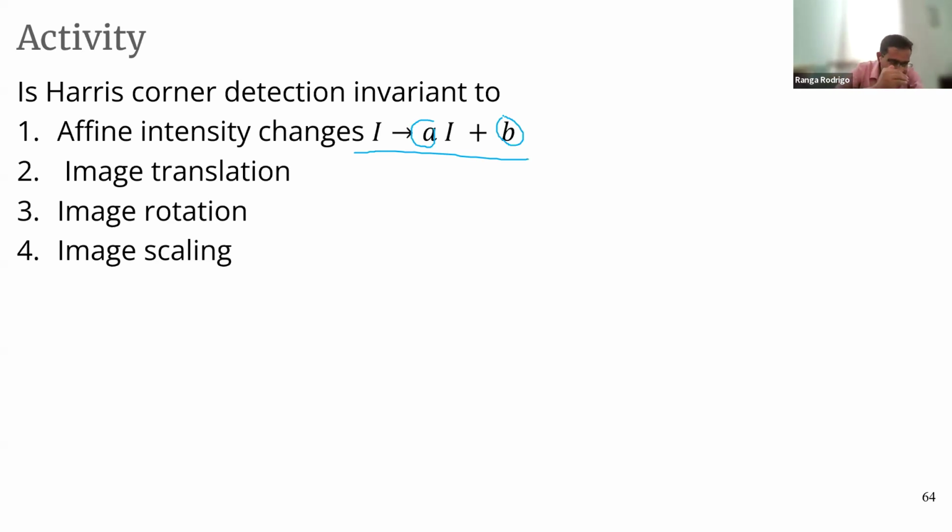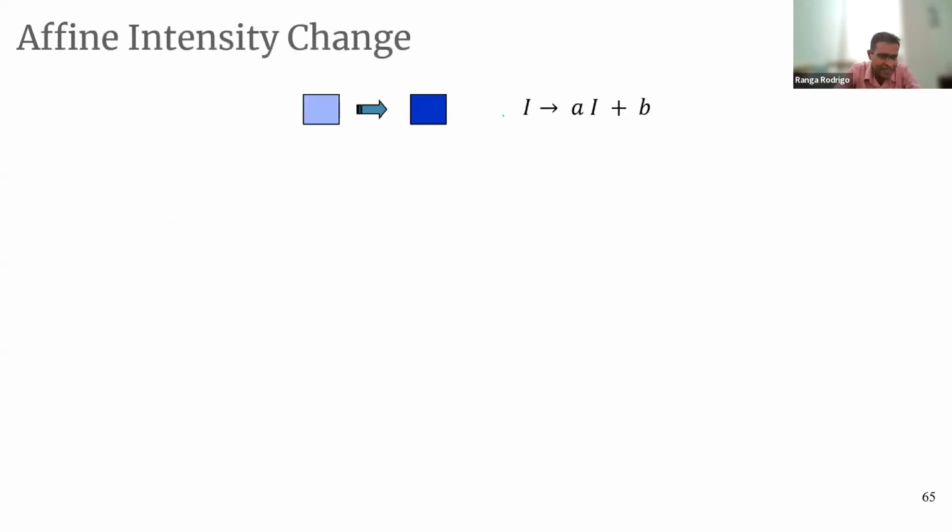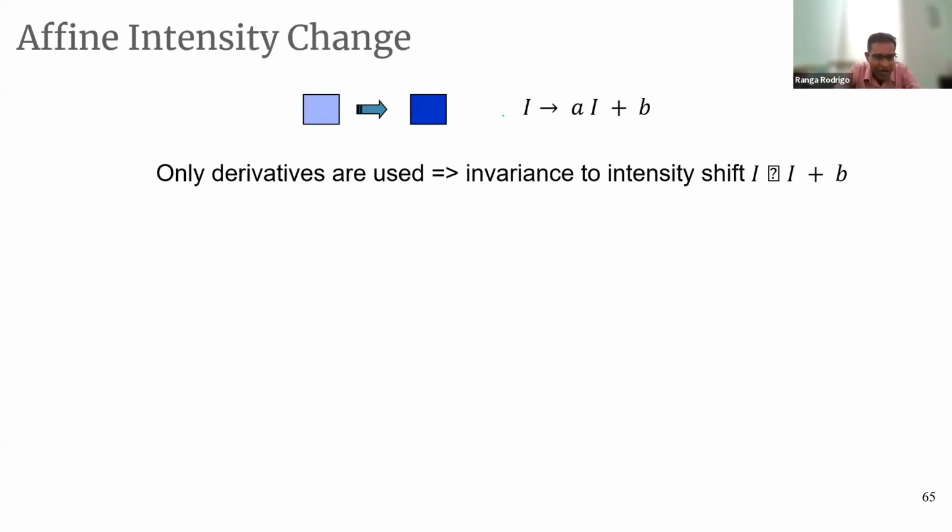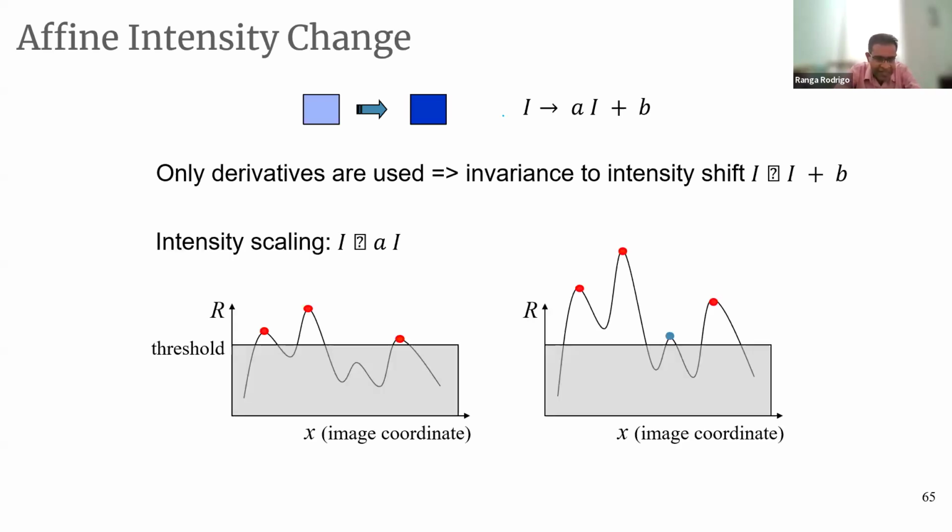So therefore, some things that did not pass threshold will pass if you multiply the image by some number. So therefore, it will be partially invariant to affine intensity changes. So you would do a color change like that, that's an affine intensity change. Only derivatives are used, so therefore invariant to shift. Then intensity scaling is there, I equals alpha I. Because of that, your gradients can become large.